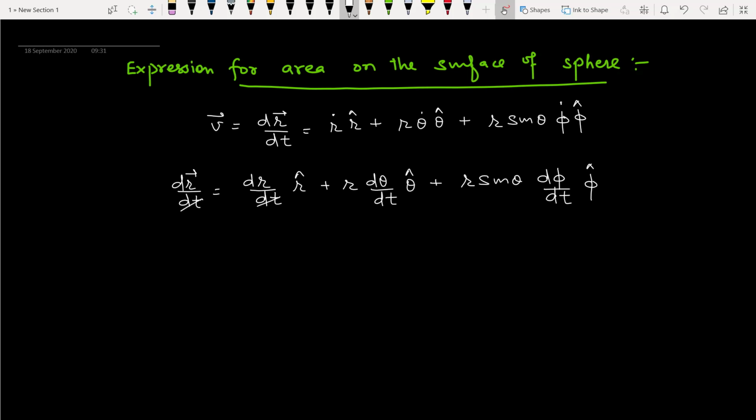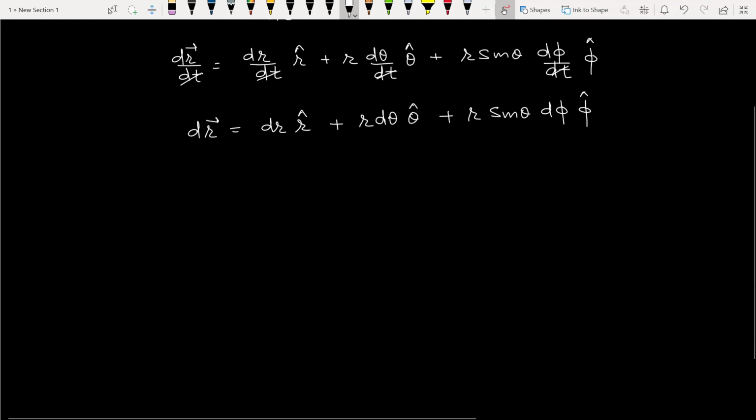So here dt cancels, and dr vector is dr r cap, r d theta theta cap, r sin theta d phi phi cap. We mark this as equation number 1.